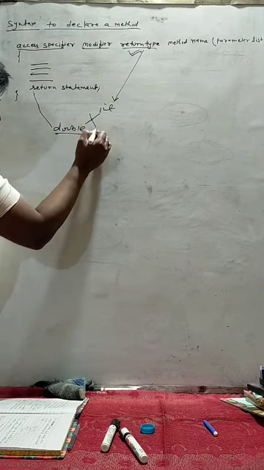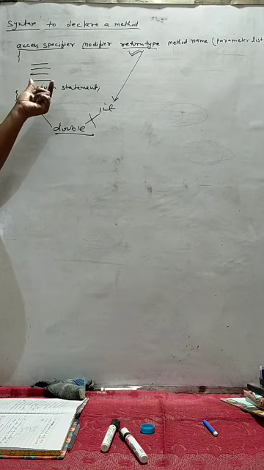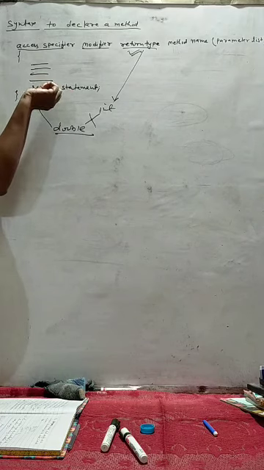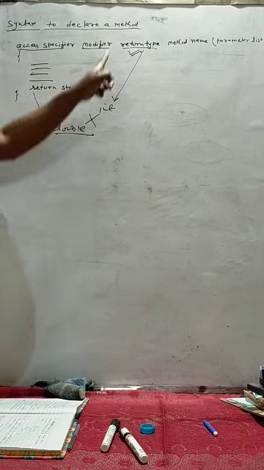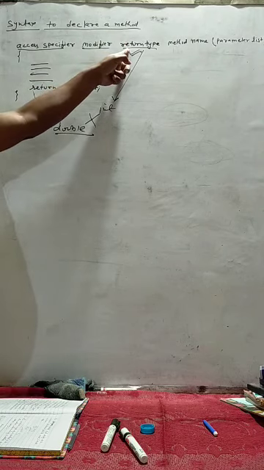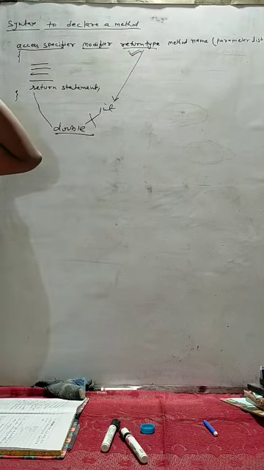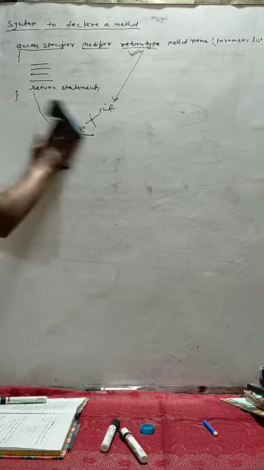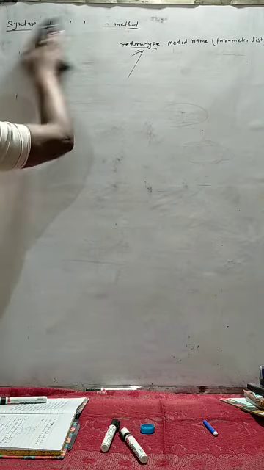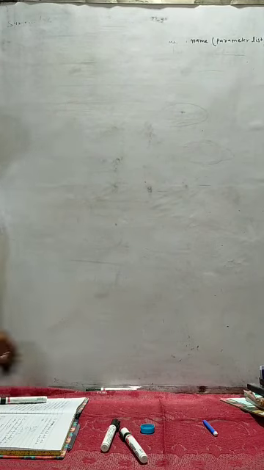So it is wrong. It cannot be possible. Therefore, the type of value returned by a return statement must be the same as the return type specified at the time of function declaration. Is it clear? So these are the terms related to the function declaration.